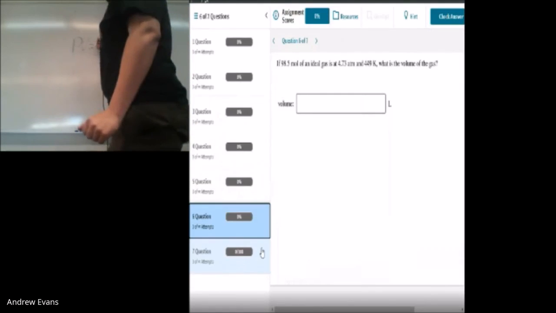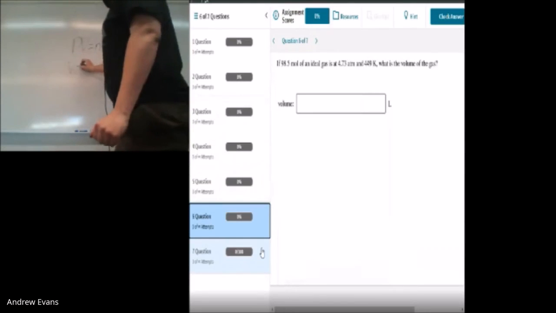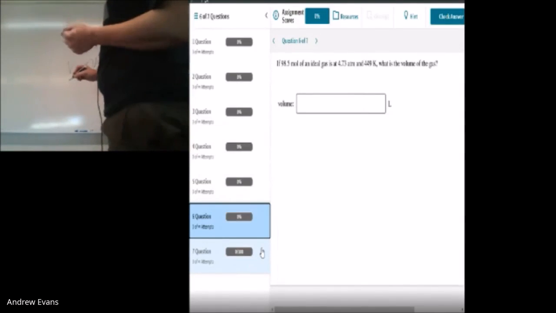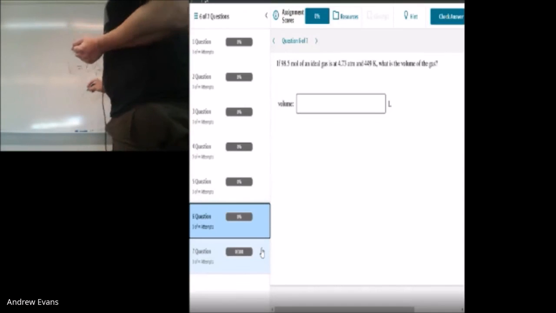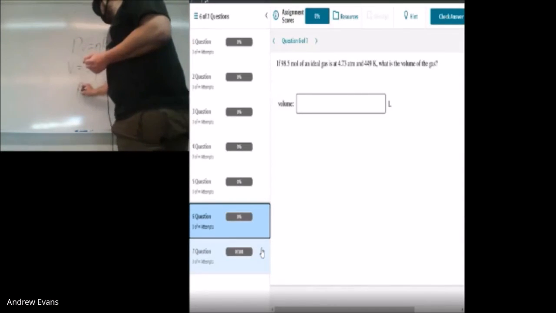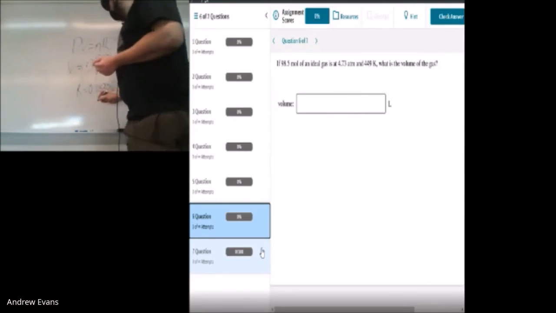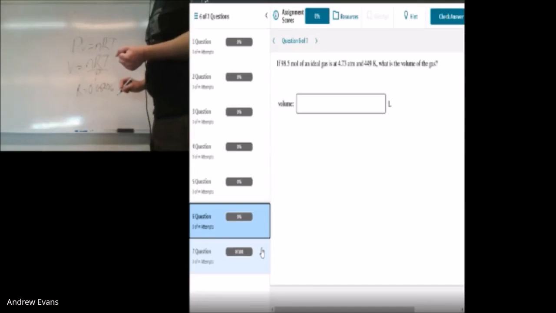We solve for volume: V equals nRT over P. The only thing to note is that our R would have to be 0.08206 because it's in atmospheres.